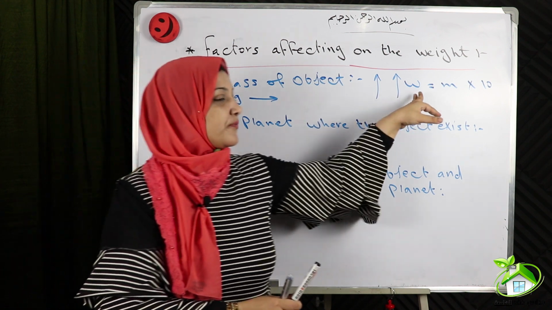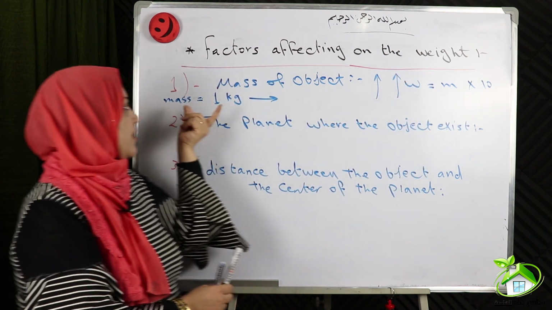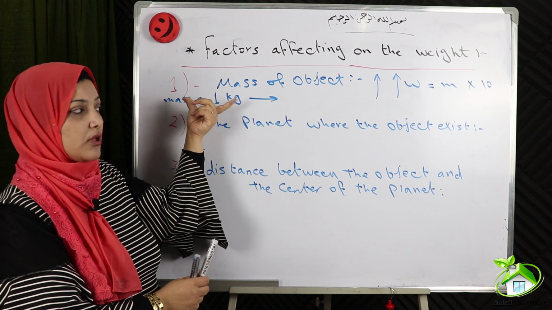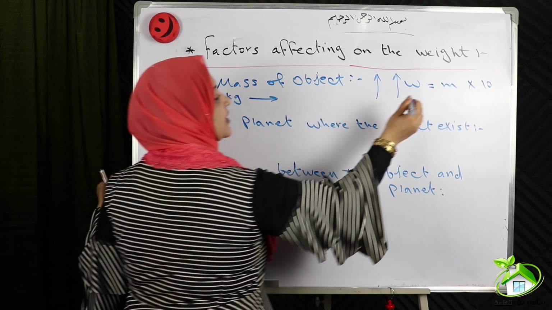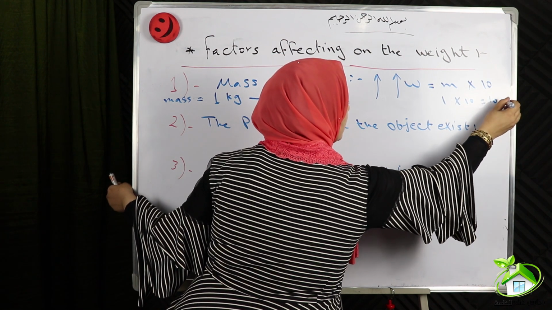The weight of the object equals its mass times 10. If we have an object whose mass is 1 kilogram, its weight will be 1 times 10, which equals 10 Newtons.